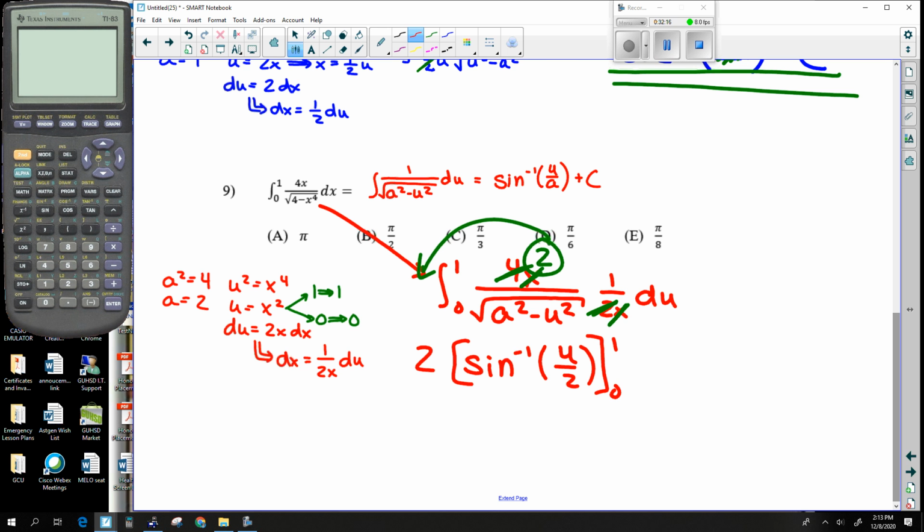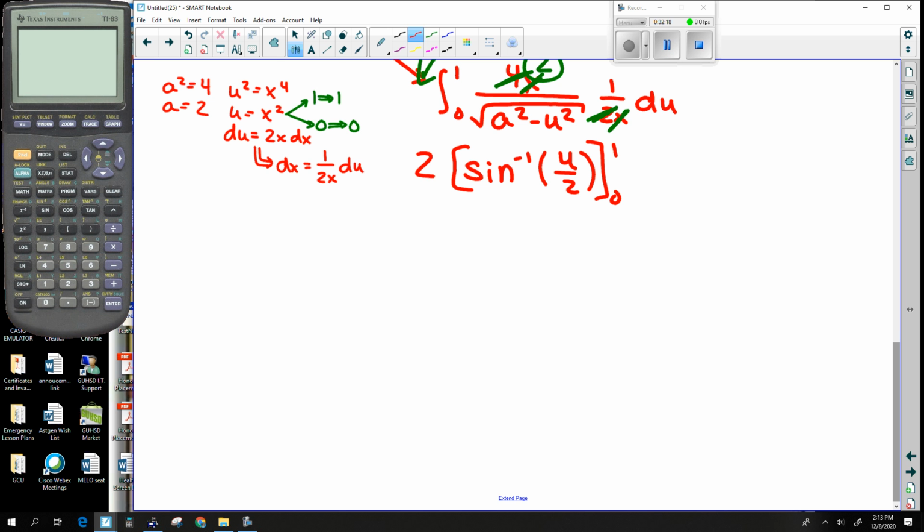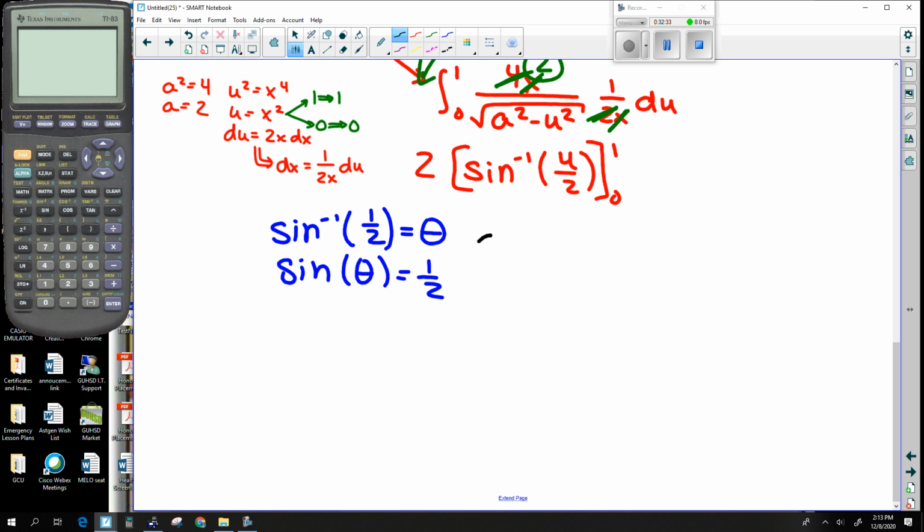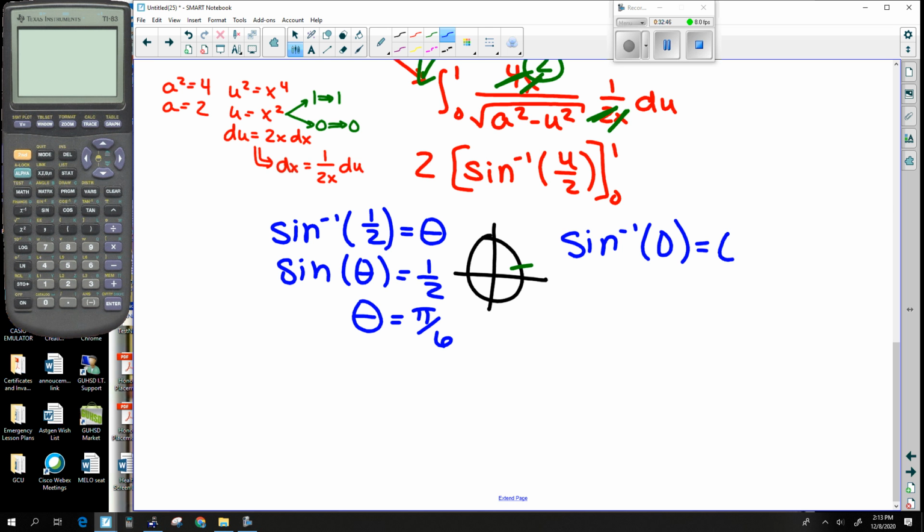Okay, so 2 basic math problems here. One is when I put in the 1, and the other one is when I put in the 0. So the first, in essence, is when is the inverse sine of 1/2? So that makes sine equal to 1/2. Sine is a y coordinate, so where is the y really, really small? At pi over 6. Okay, the other one is the inverse sine of 0.